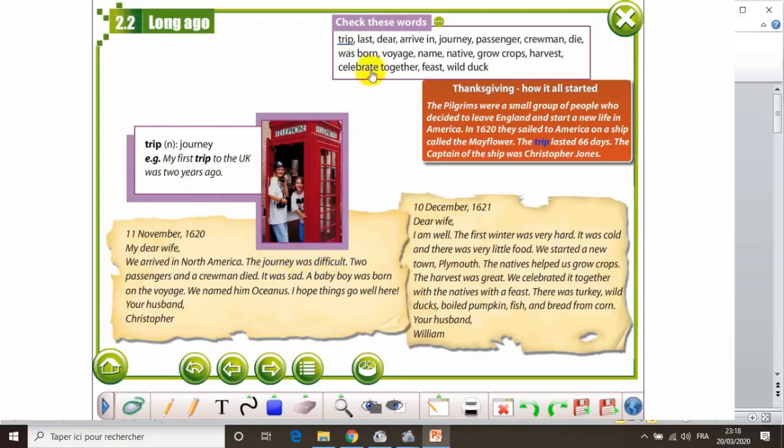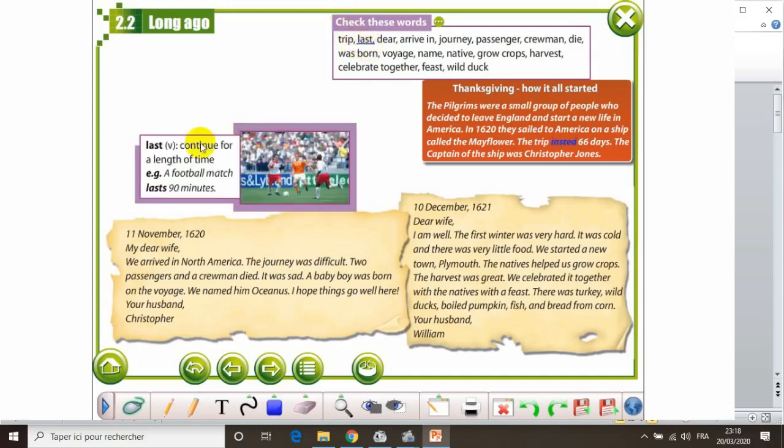For example, when you go from Tétouan or from Martil to Casablanca, this is a trip, or this is a journey. If you go from Martil to Tétouan to Spain, to Madrid, or to France, to Paris, it is a journey, or a trip.